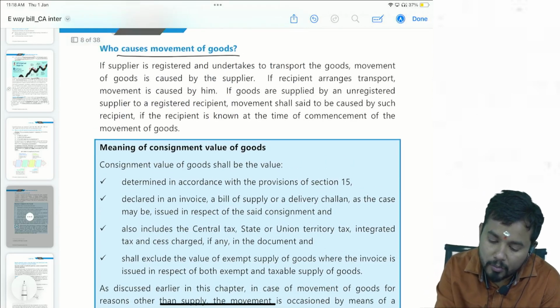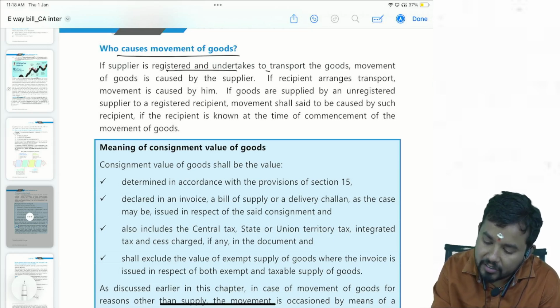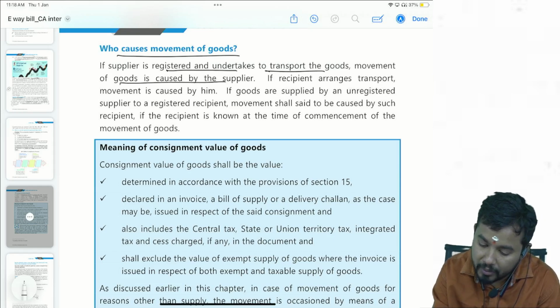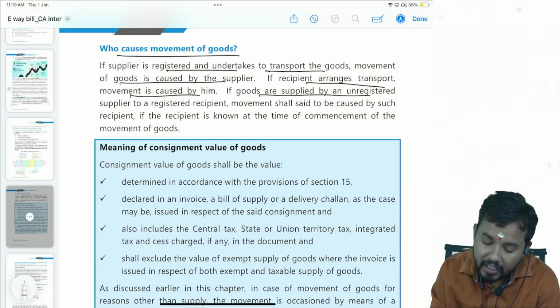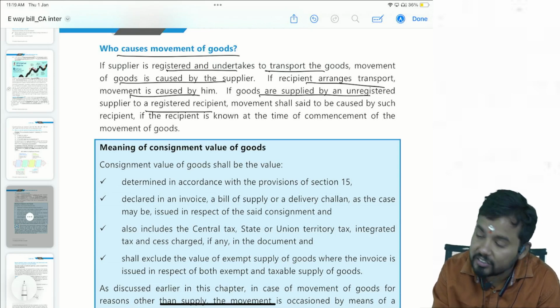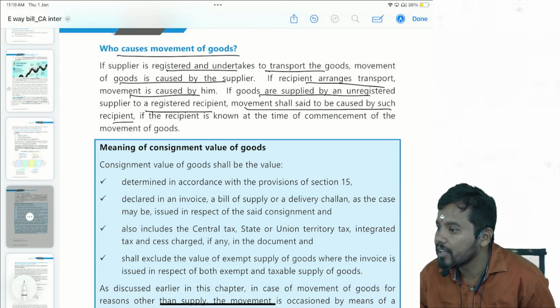Now, who causes movement of goods? Okay. If the supplier is registered and undertakes to transport the goods, movement of goods is caused by the supplier. If the recipient arranges transportation, movement is caused by him. If goods are supplied by an unregistered person to a registered recipient, movement shall be said to be caused by the recipient. Able to understand?